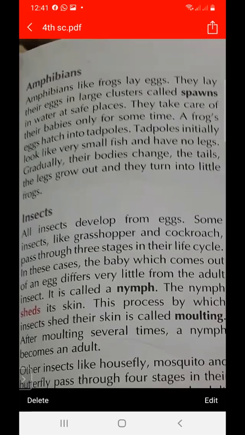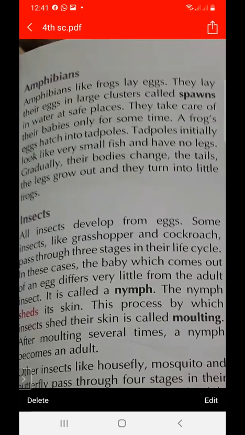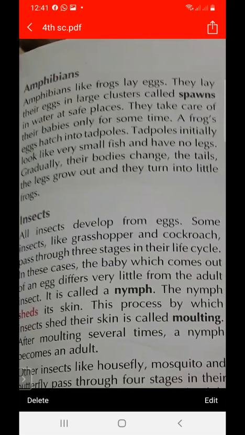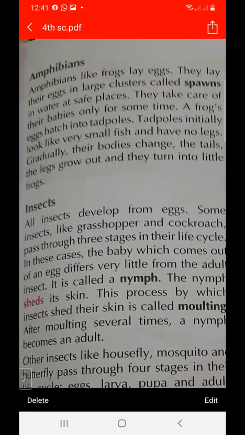So these are the amphibians. Amphibians are the animals that can live both on land and in water. A large cluster of eggs is called spawn. And how do they take care of their babies? They take care of their babies for some time.